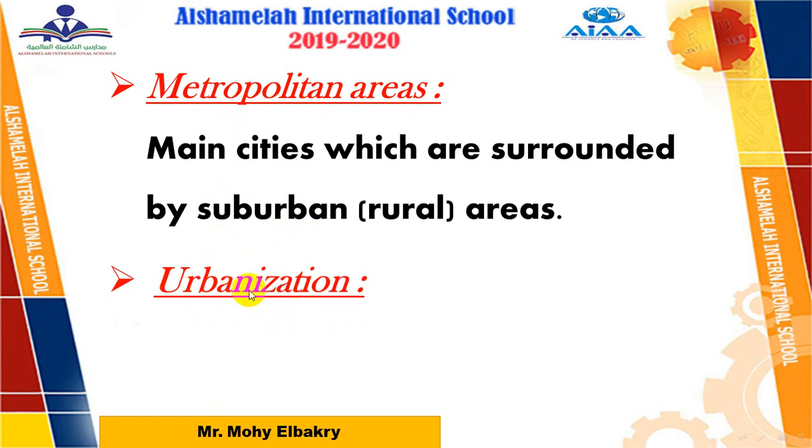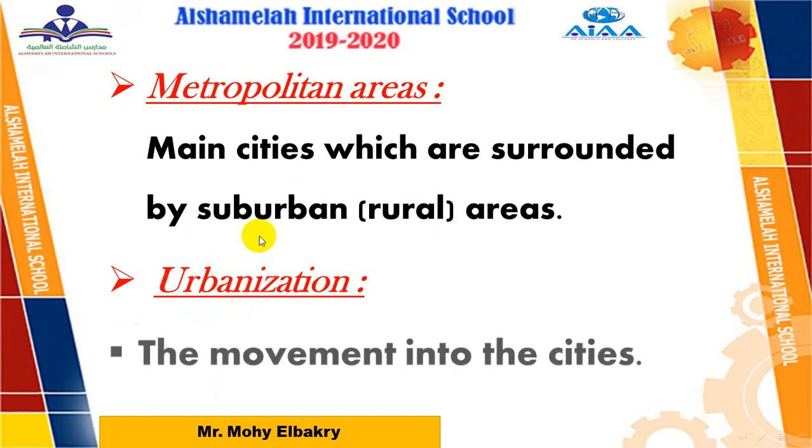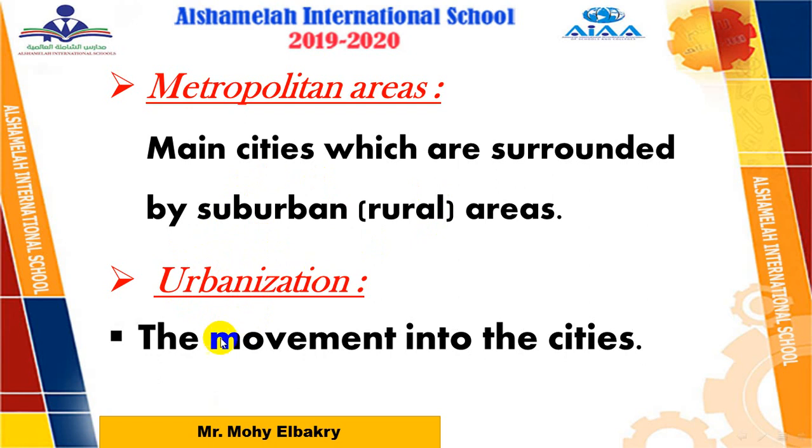What about urbanization? Urbanization, from the word urban, and urban is the opposite of the word rural or suburban. Urbanization means the movement into the cities. It's clear that we see that a lot of people move from rural or suburban areas, or from the countryside, and live in the city. Why?